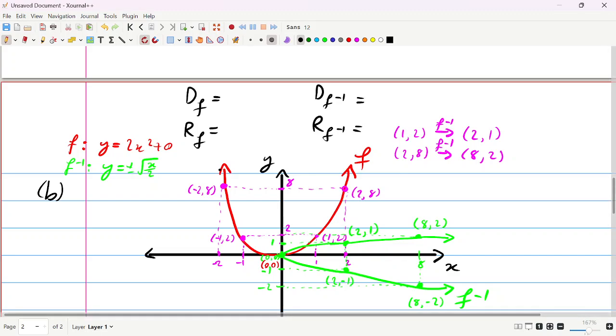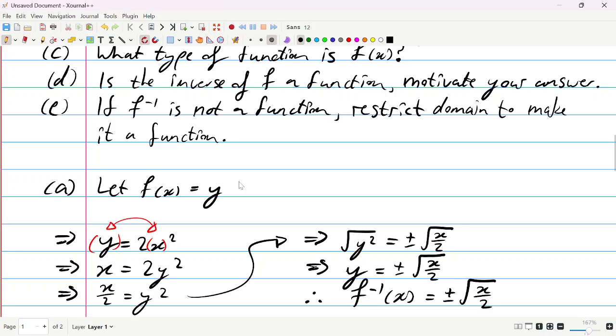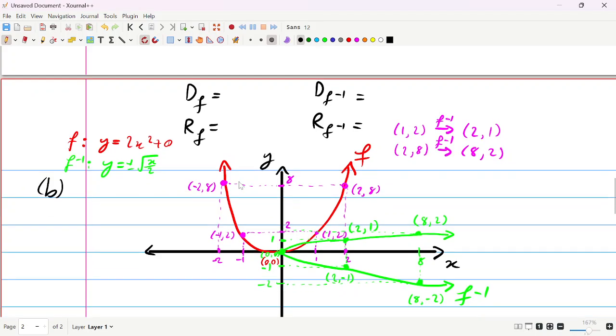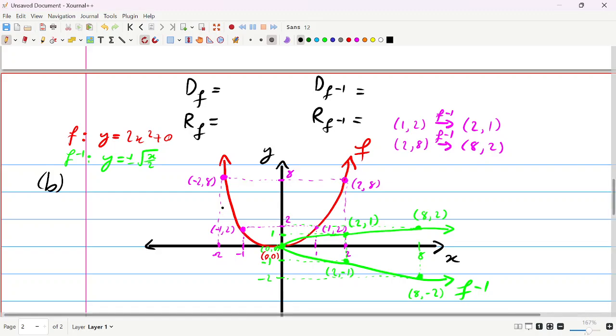First, I want us to figure this out, because question number E says, if it's not a function, restrict the domain to make it a function. So we need to find the domain and range quickly. Okay. So, the domain of f, a polynomial function, is x exists in all the real numbers.